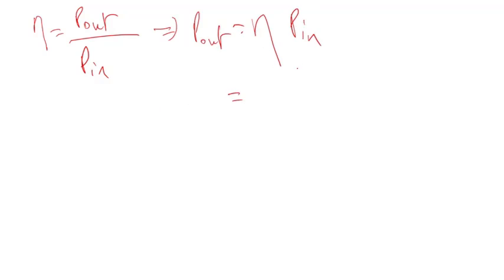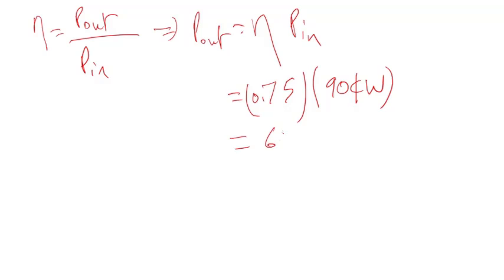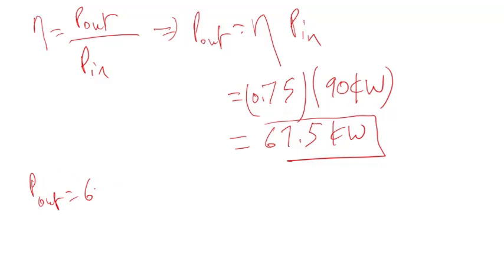I know efficiency, I know Pin, I can calculate Pout, which is equal to efficiency times Pin. So efficiency is 0.75 times Pin, which is 90 kilowatt. So this comes to 67.5 kilowatt. So Pout is equal to 67.5 kilowatt, and I can do the conversion.